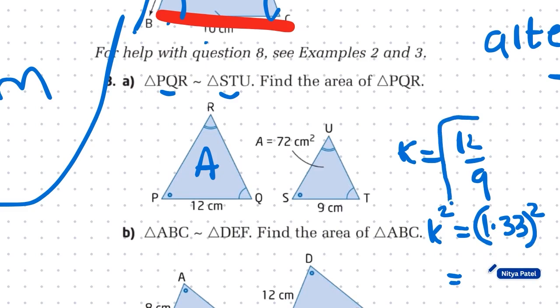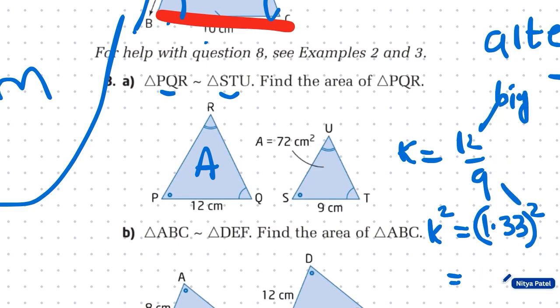If you look at this k value formula, when you are taking ratio of sides, 12 by 9, you are taking big triangle by small triangle. So I have to follow the same thing. So A by 72. Bigger area is A, smaller area is 72.